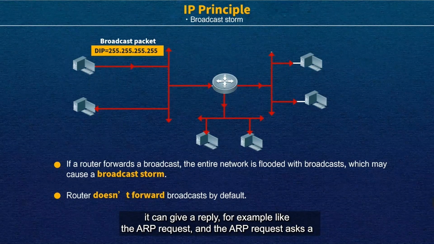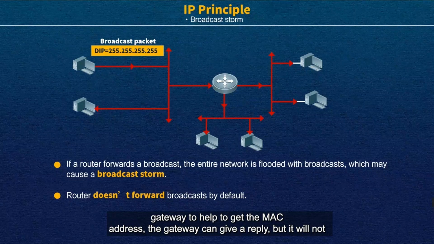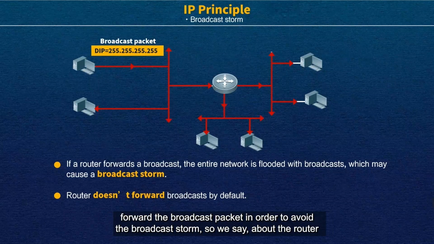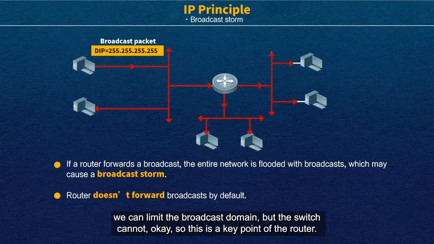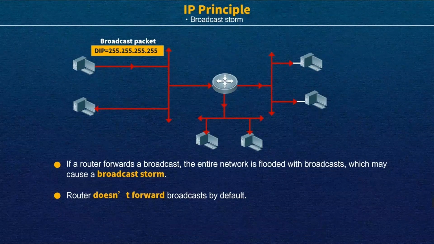For example, like the ARP request, where the ARP request asks the gateway to help me and tell me the MAC address, it can give a reply. But it will not forward the broadcast packets in order to avoid the broadcast storm. So for the router, we can limit the broadcast domain, but the switch cannot. Okay, so this is a key point of the router.